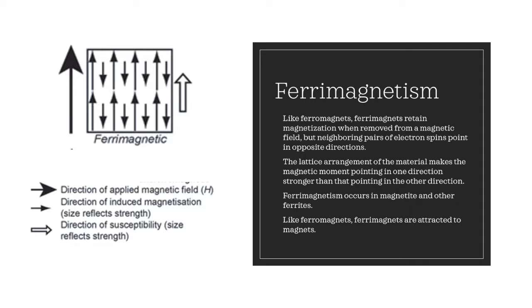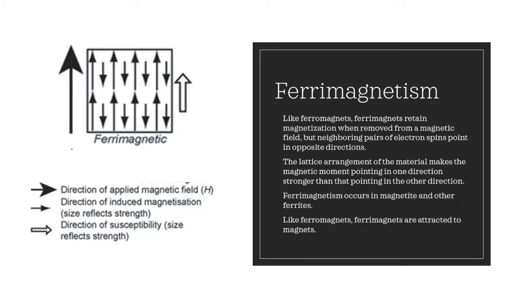Last one is ferrimagnetism. Like ferromagnets, ferrimagnets retain magnetization when removed from a magnetic field, but neighboring pairs of electron spins point in opposite directions. The lattice arrangement of the material makes the magnetic moment pointing in one direction stronger than the one pointing in the other direction.